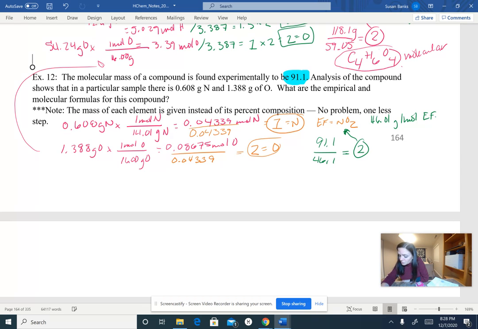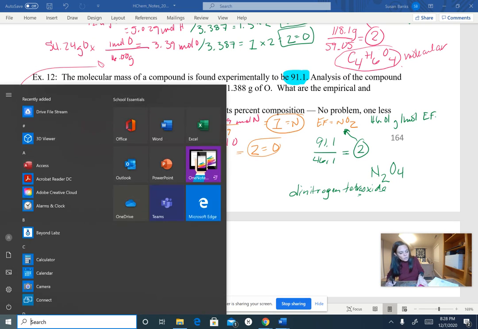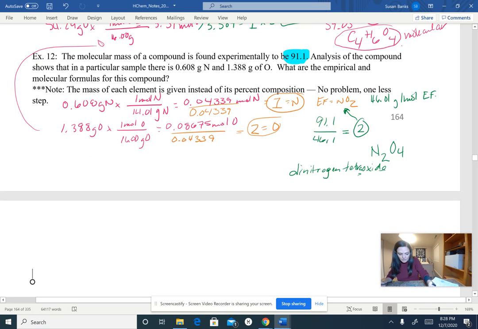So 2 times 1 for my nitrogen is 2 nitrogens, and 2 times 2 for my oxygen gives me 4 oxygens. So this compound is going to be dinitrogen tetraoxide, or tetroxide. Now remember, we can use that A or not. Okay?